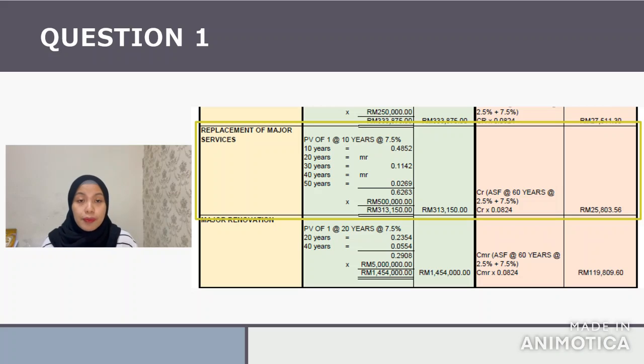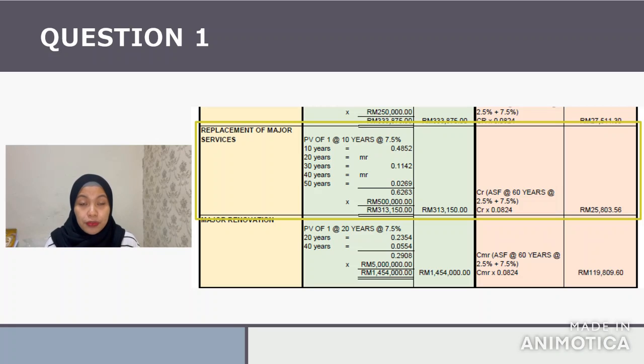Moving on to the replacement of major services. Major services is every 10 years. So in the present value method, we are using PV of 1 at 10 years at 7.5%. The total value of the included major services years is 0.6263 times 500,000, and we will have 313,150 ringgit.